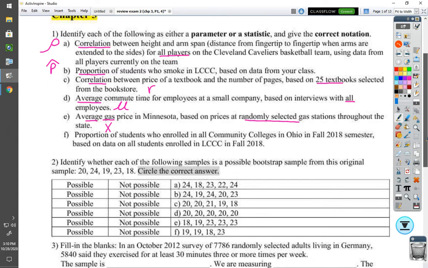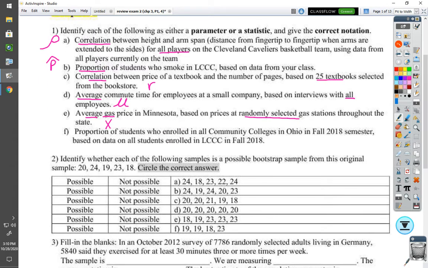Last one we have on here is letter F, the proportion of students who enrolled in all community colleges in Ohio in the fall of 2018 semester based on data on all student enrollments. All students, got a little tricky here, keep reading, enrolled at LCC. But we're talking about everybody in Ohio, so we are still a sample, we are still a p-hat. Almost got us on that one, didn't they?